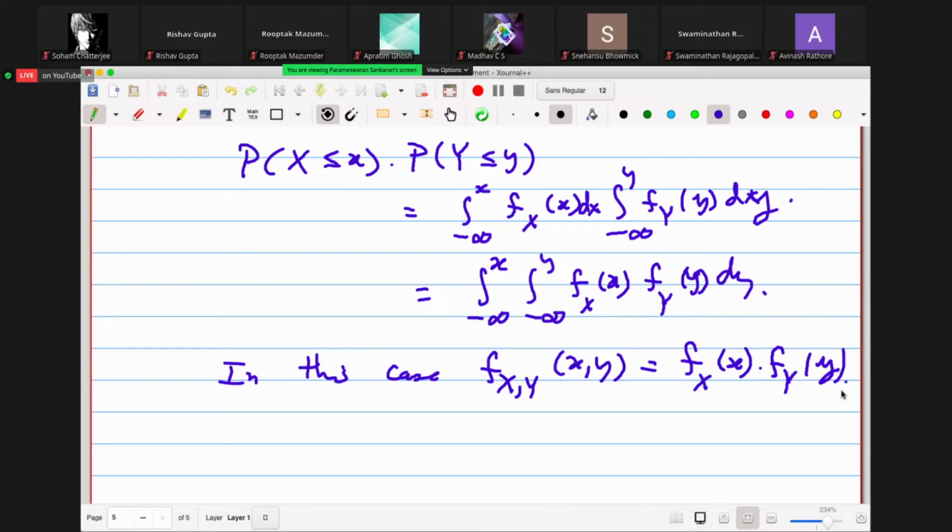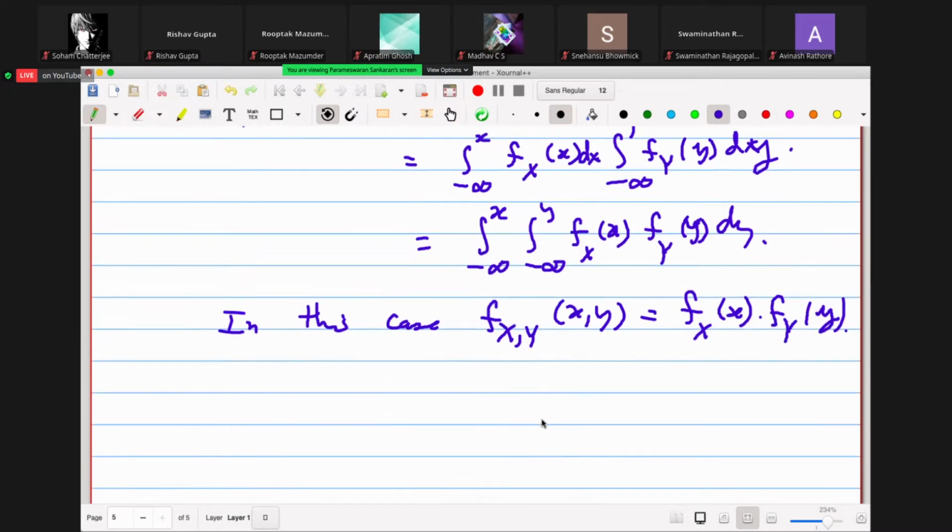Okay, so this is an important thing: the joint density function is the same thing as the product of these individual density functions.